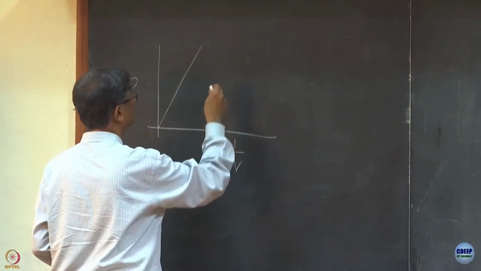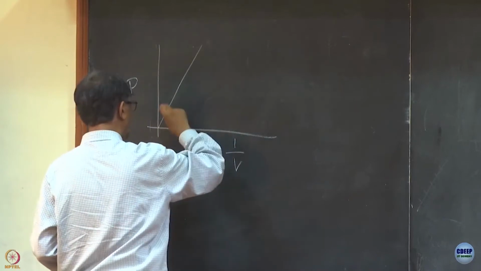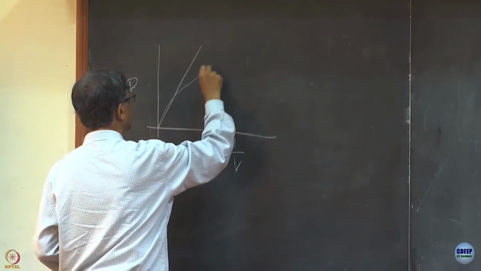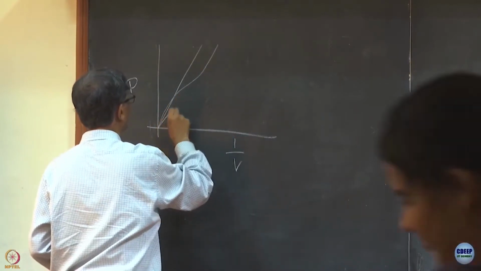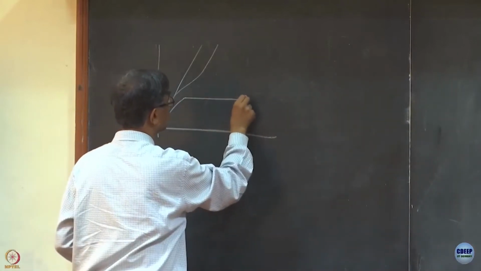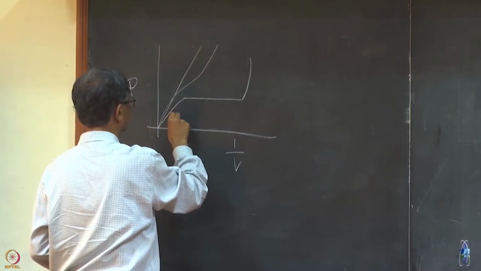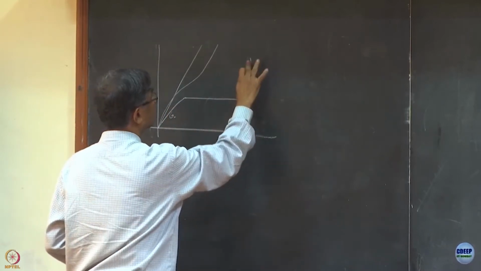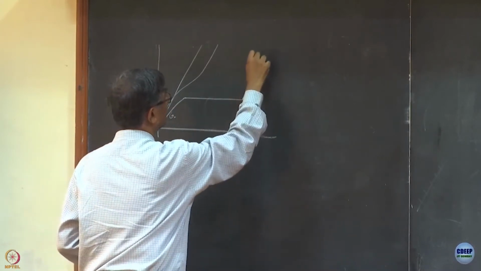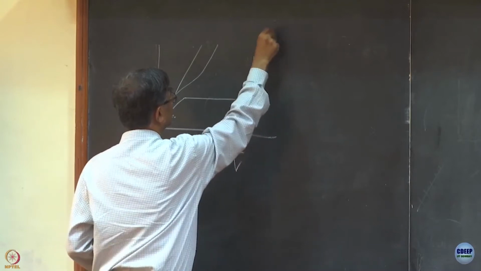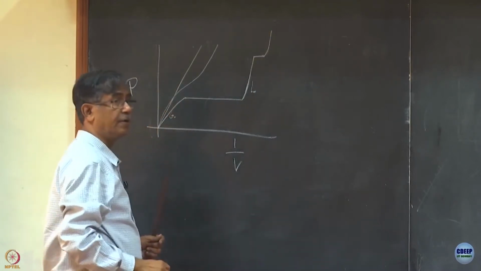In the real world, however, at high temperature it is something like that, but when you go to low temperature then it undergoes a phase transition, and this is gas, this is liquid, and then it undergoes one more phase transition, to the crystalline state.